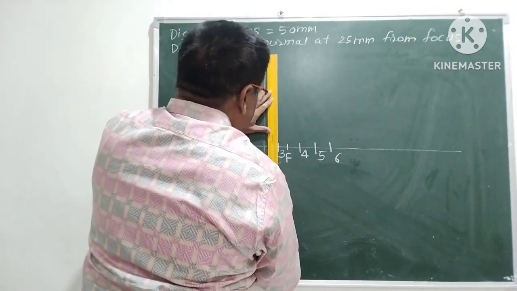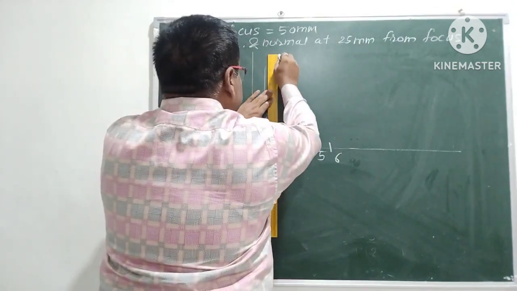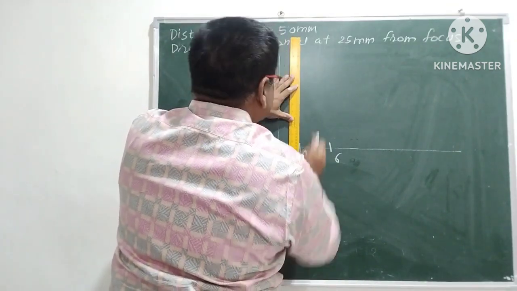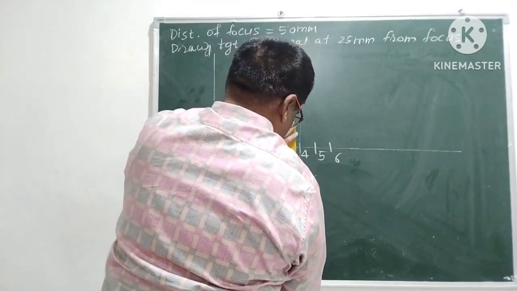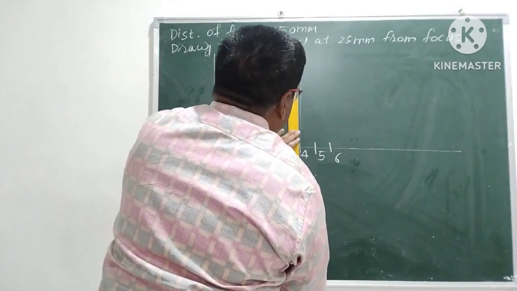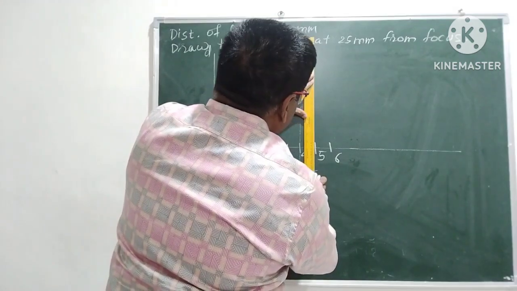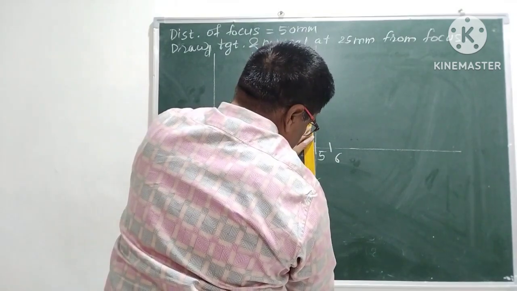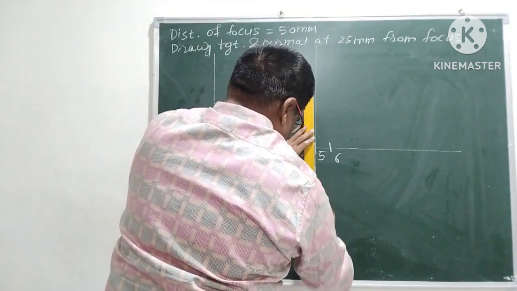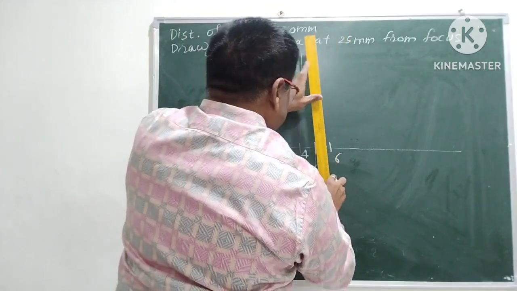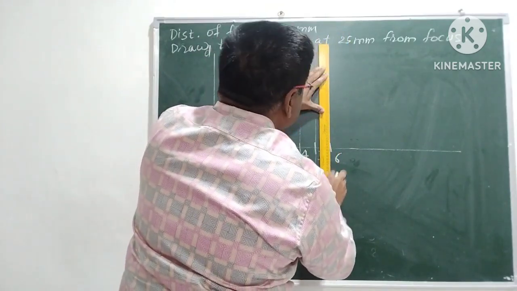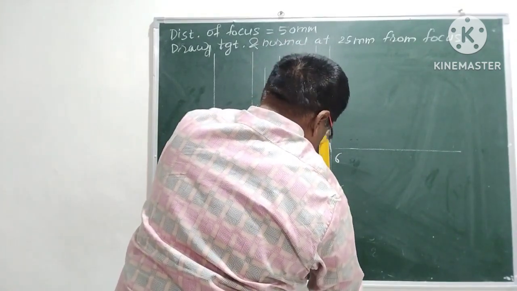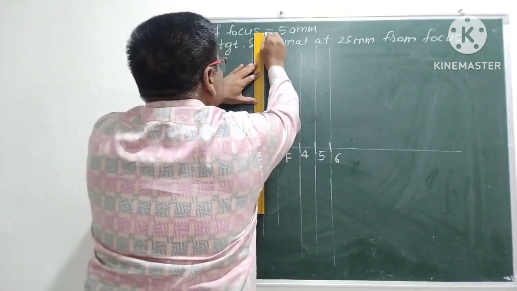We can include the focus or exclude it as per your wish. It is better to use a drafter for drawing these vertical lines while solving the problem on a drawing sheet or in a sketchbook. Okay, let me extend these lines.